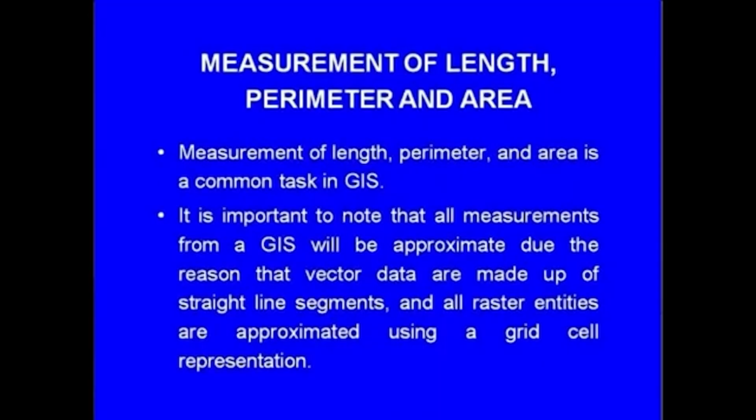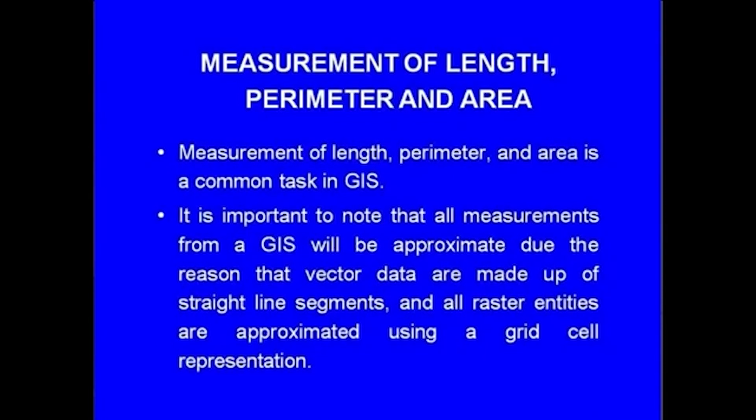So, now let us look at some of the basic tasks which may have to be done during the analysis procedure. First is measurement of length, perimeter and area. Measurement of length, perimeter and area is a common task in GIS.